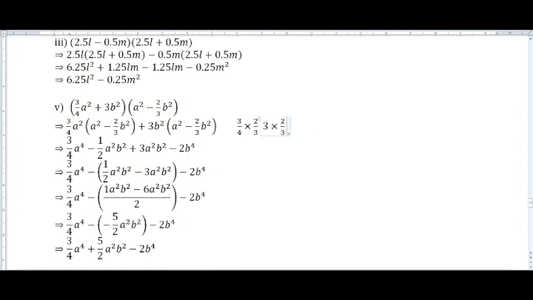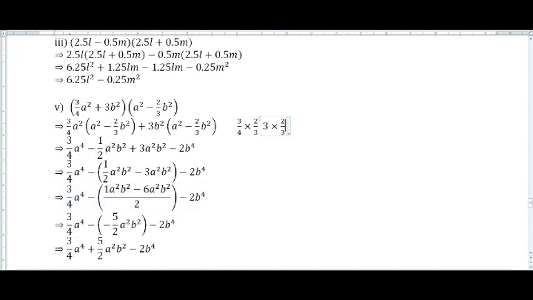So if you multiply 3 into 2 by 3, here 3 and 3 will simplify, so the remaining one will be 2. So if you multiply 3 with 2 by 3, the remaining one will be 2. Then b square and b square together will be 2b to the power 4.